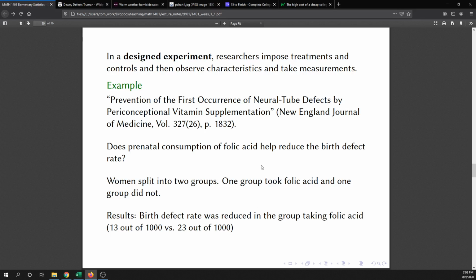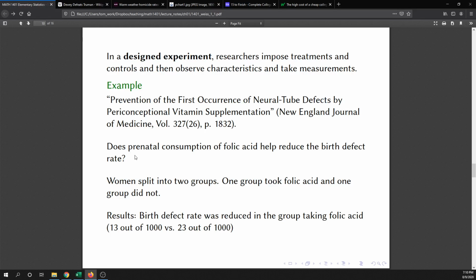All right, in a designed experiment, researchers impose treatments on different groups, control treatments and controls, and then they observe the characteristics and take measurements. So in this study, "Prevention of the first occurrence of neural tube defects by paraconceptional vitamin supplementation," which appears in the New England Journal of Medicine, the question they want to answer is, does prenatal consumption of folic acid help reduce the birth defect rate?